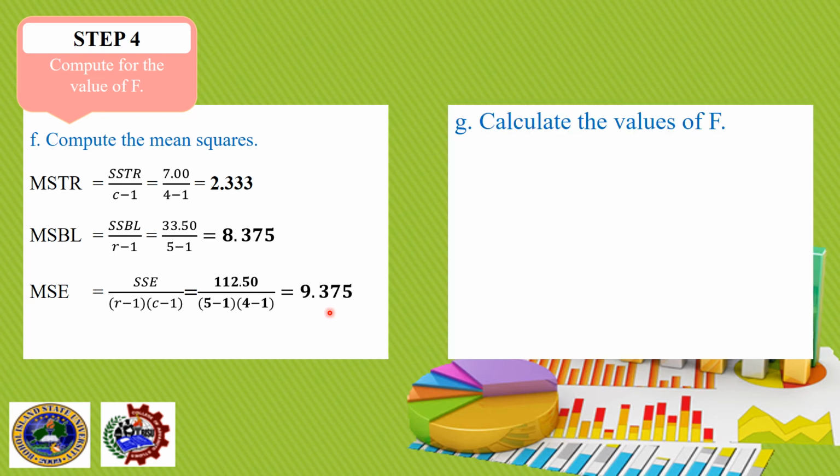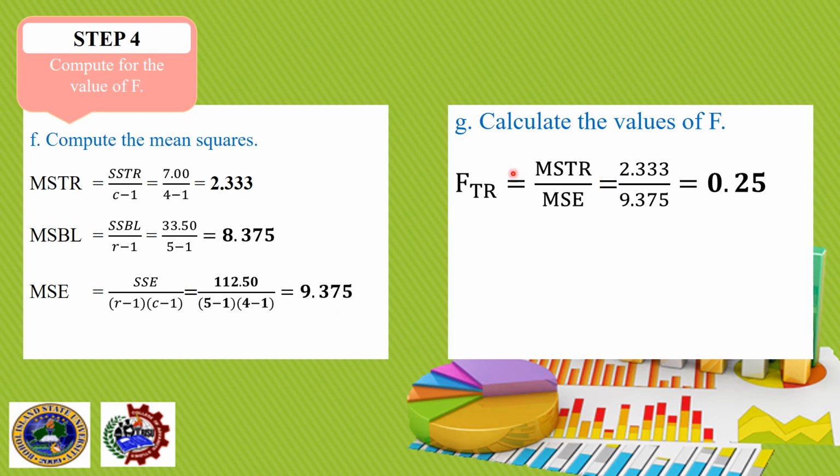The next step is to calculate the values of F. First is the F value for treatment using this formula, MSTR over MSE. Since our MSTR is equal to 2.33 and our MSE is equal to 9.375, our F sub TR is equal to 0.25. Next is to find the F value for blocks, or F sub BL.